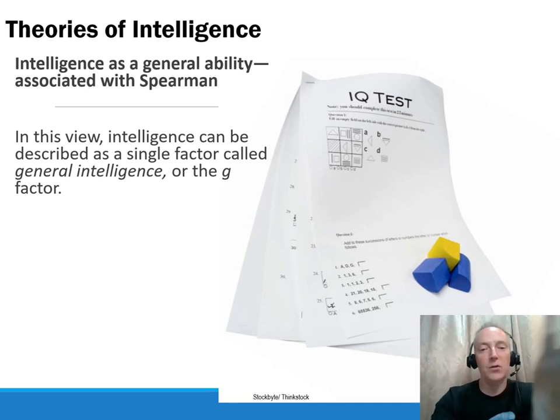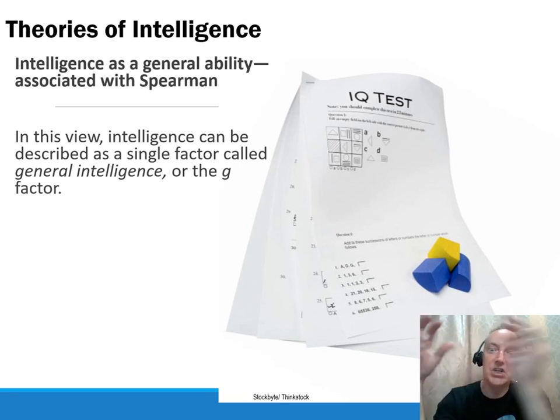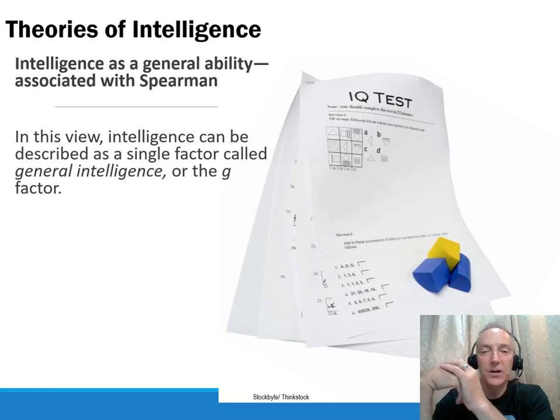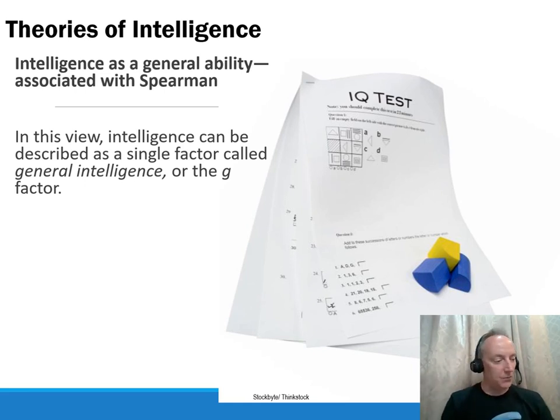So it's this one overall general ability that you then can apply to different areas of your life. We're going to see this idea of G, the G factor, is found in a few of the different theories, that they have retained this idea of general ability.